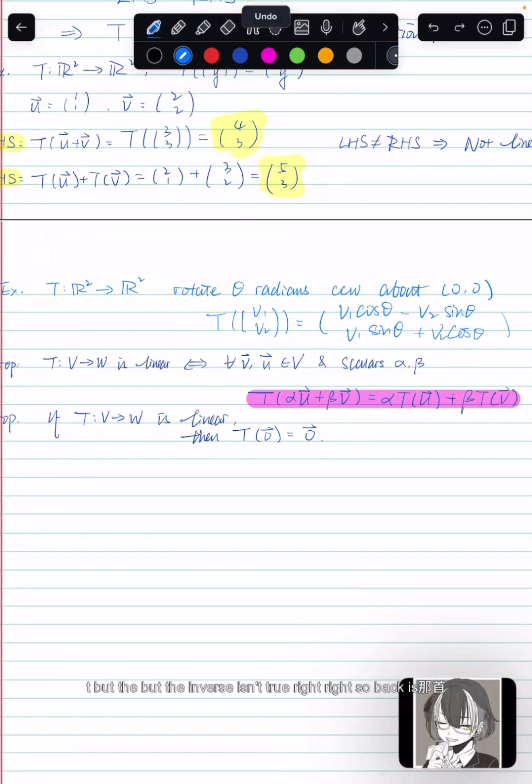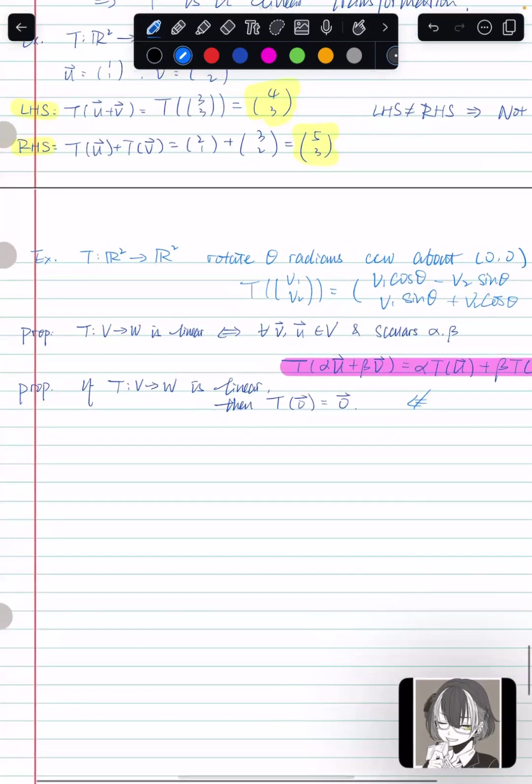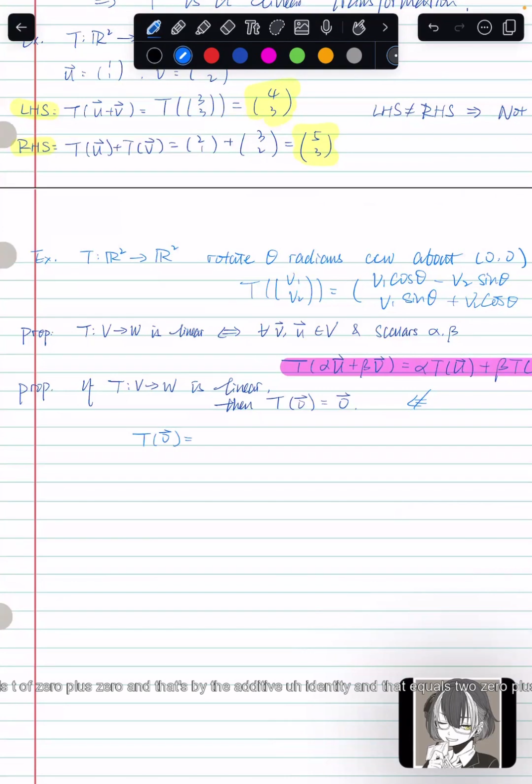So by linearity, we have T of 0 equals T of 0 plus 0, by the additive identity, and that equals T of 0 plus T of 0.